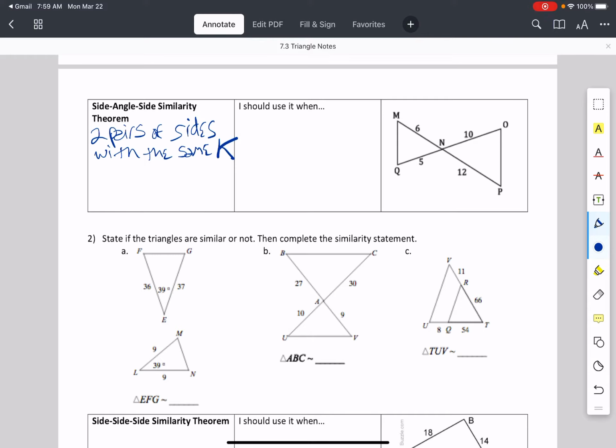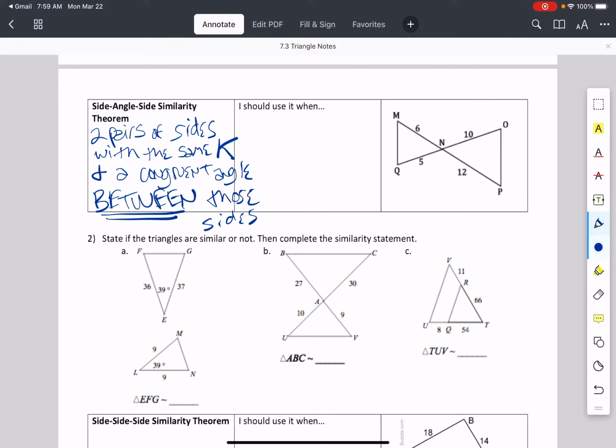Two pairs of sides with the same scale factor and a congruent angle between those sides. That's the key, is that the angle has to be between the sides with the same scale factor. So side, angle, side. That's the way to remember it, because the angle is between the two sides, okay?